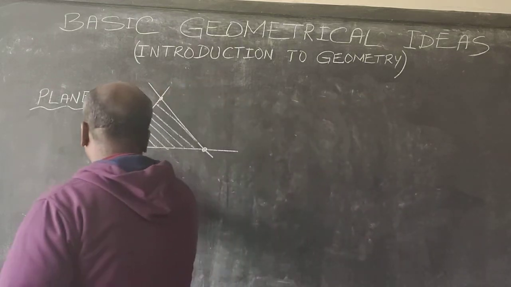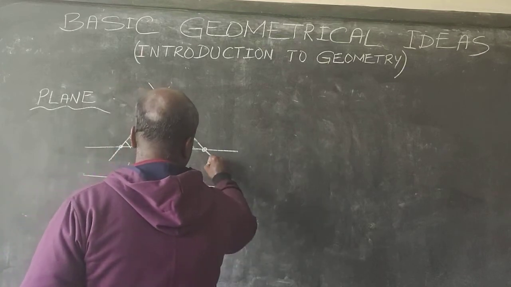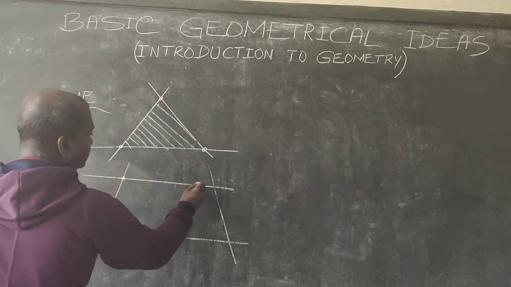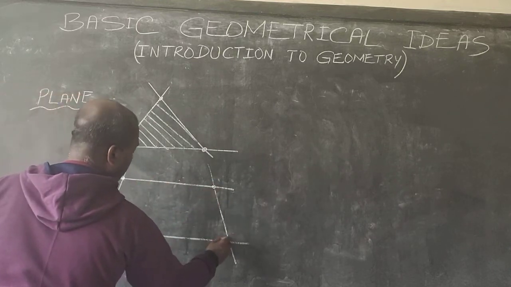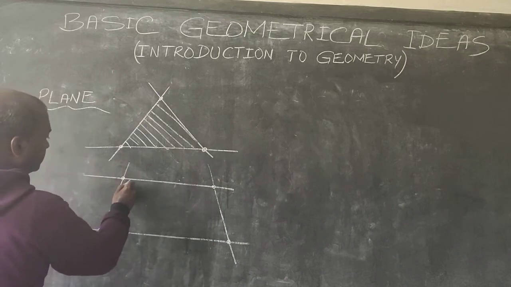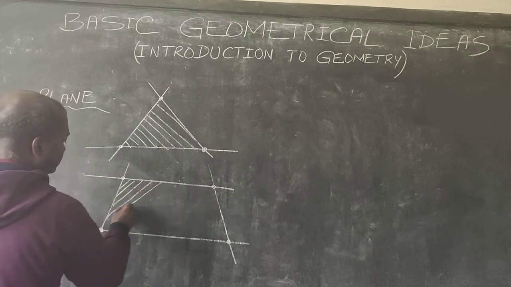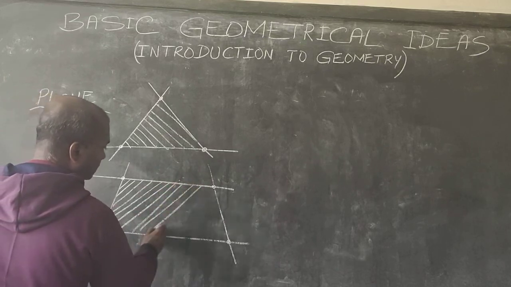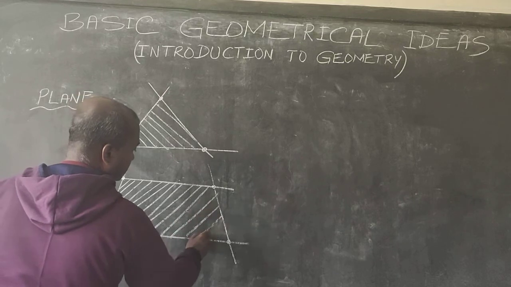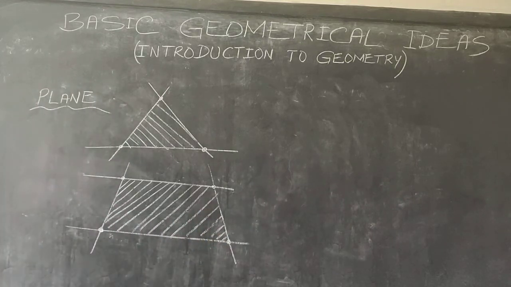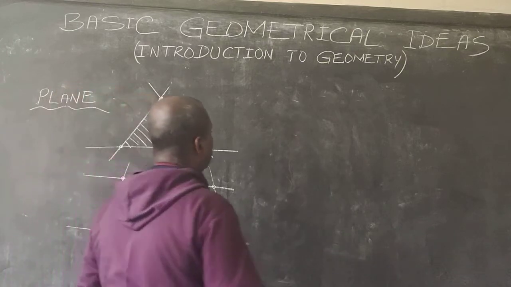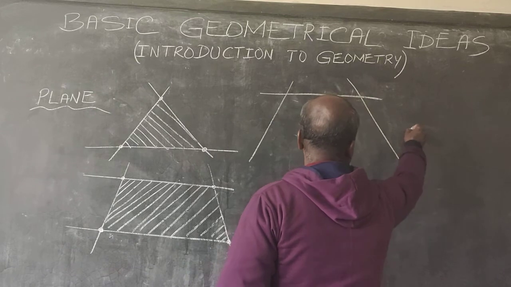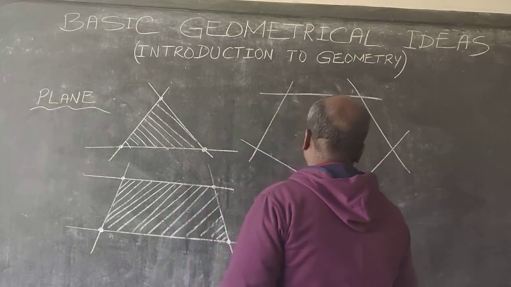Suppose there are four lines. 1, 2, 3, 4. Then you have here 4 points of intersection, and this is the plane that is formed by the intersection of these 4 lines. Similarly, we can have 5 lines also. 1, 2, 3, 4, 5 lines.